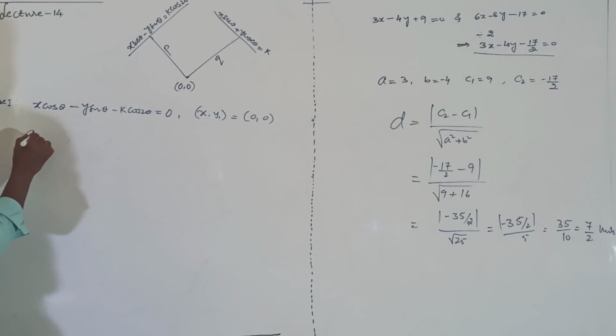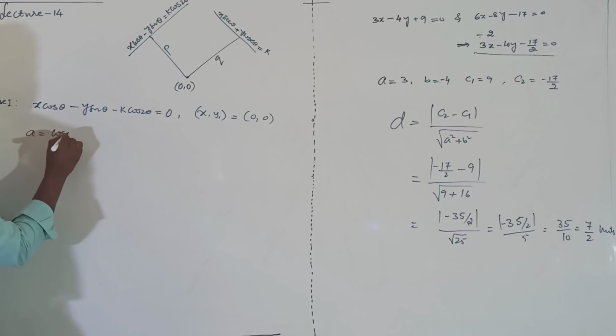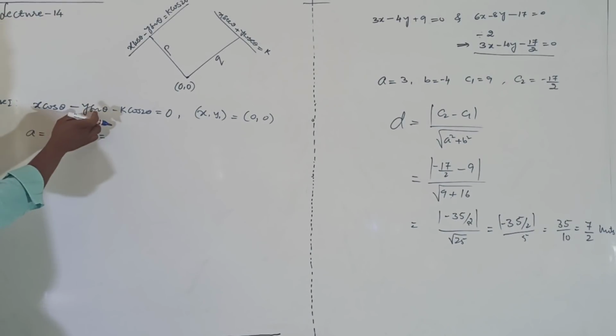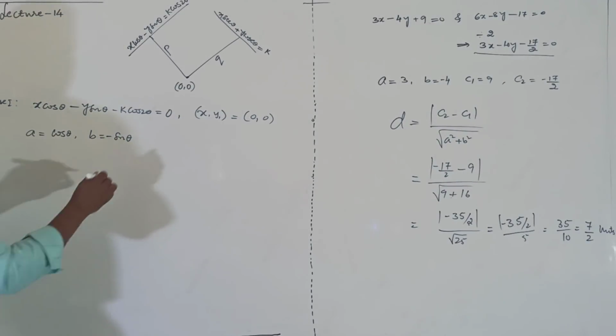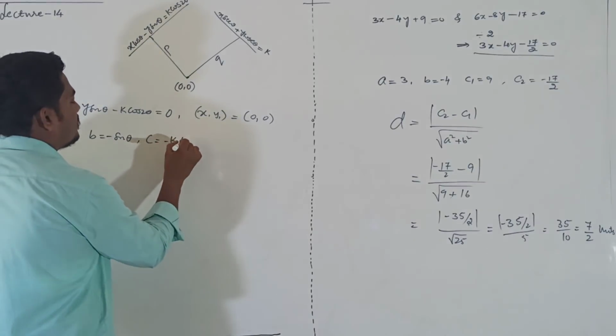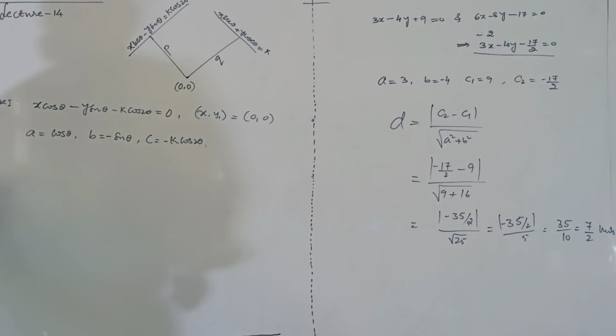Now in this case tell me what is the a value? Coefficient of x is a, that is cos theta. And what is the b value? Coefficient of y is minus sin theta, right? Then what is the c value here? Minus k times cos 2 theta. And x1, y1 values they have given.